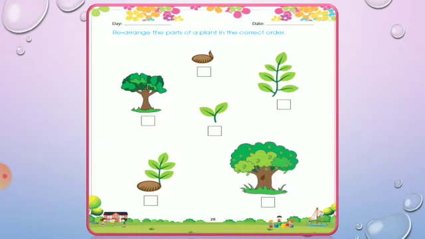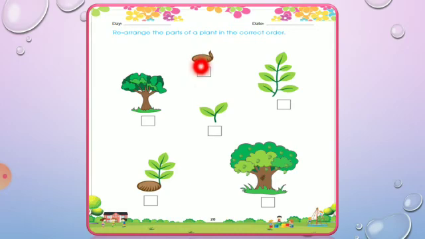Now on this worksheet, you have to enter the correct number inside these boxes, the correct step of life cycle of a tree. So what was step 1?